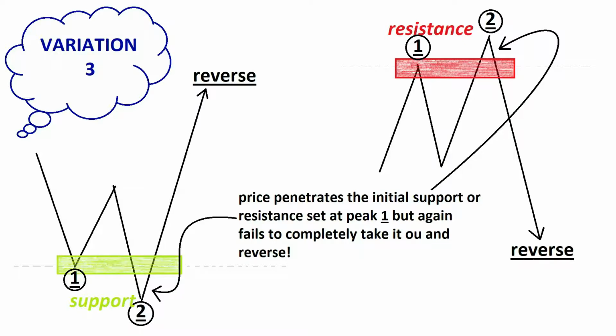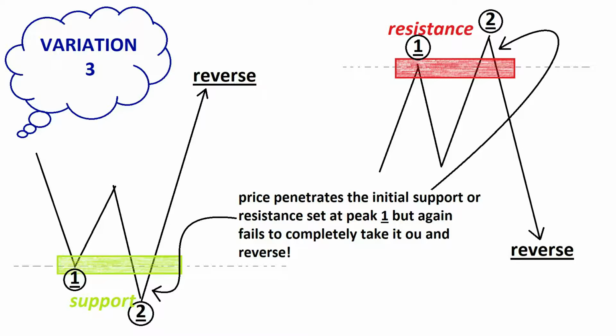No, rather it shows us that yes, the previous level of support or resistance set following the first peak, even though the second peak was able to slightly penetrate it, it still held and price failed to take it out, which also shows that this is a strong support or resistance and a good place to buy and sell respectively.